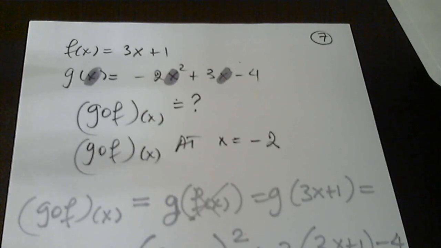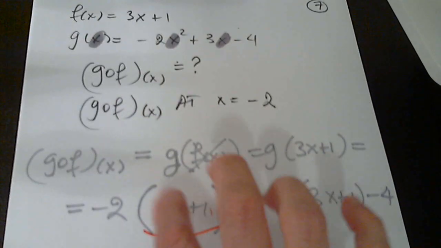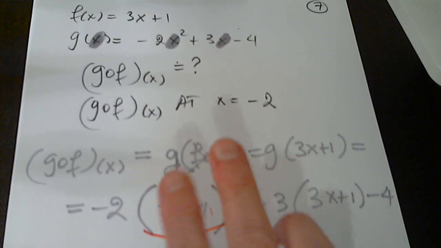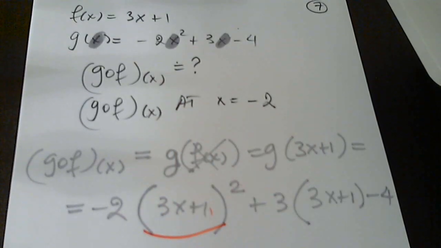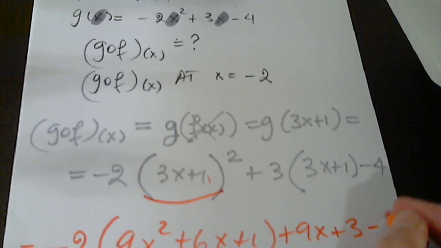Please. 9x squared, excellent, plus 6x plus 1. Very good. Awesome. First term squared plus 2 times the first times the second plus the second term squared. Brilliant. Thank you. Plus 9x plus 3 minus 4.